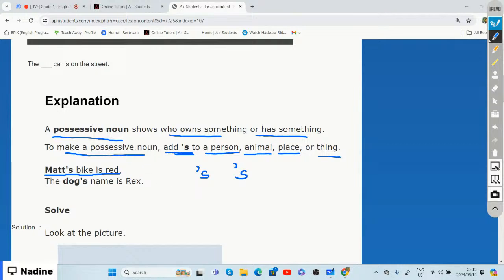Or we can even say the dog's name is Rex. Whose name is it? It's the dog's name. So there we have it. The dog's name is Rex, not the cat's name is Rex, the dog's name is Rex.